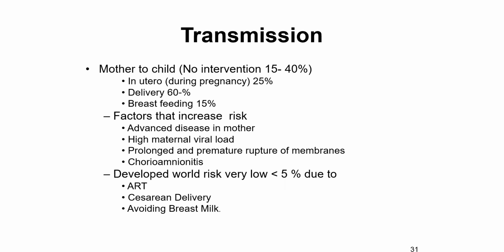In some cases, people can deliver through cesarean section or avoid breastfeeding. But for us, our main approach in terms of reducing mother-to-child transmission is not through the last two, where we talk of cesarean section and avoiding breastfeeding, but mainly through the provision of antiretroviral therapy.